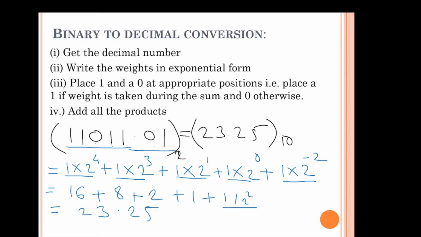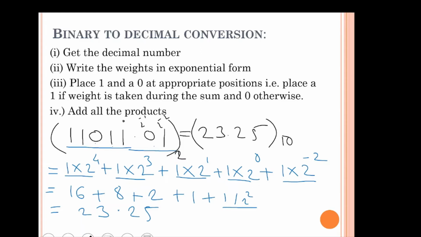If a bit is 0, then you just have to ignore it, or you can write 0 over there as well. And for the bits after the fractional point, you have to take the weights like 2 raised to minus 1, 2 raised to minus 2, like this. See here, this is 2 raised to minus 1, this is 2 raised to minus 2.